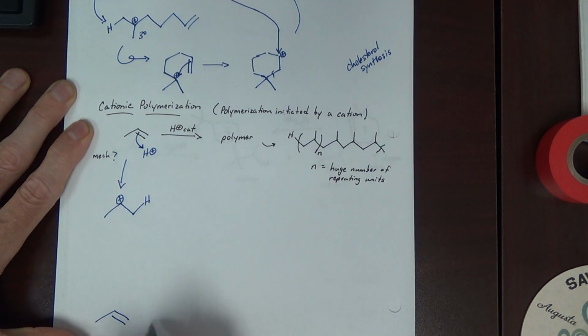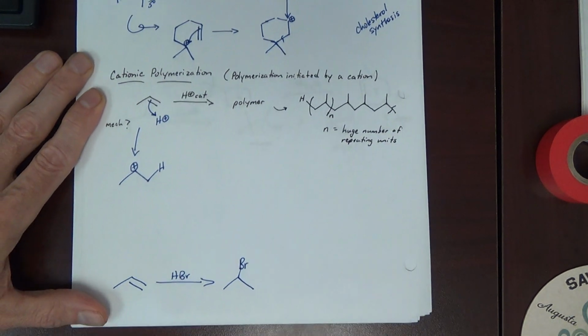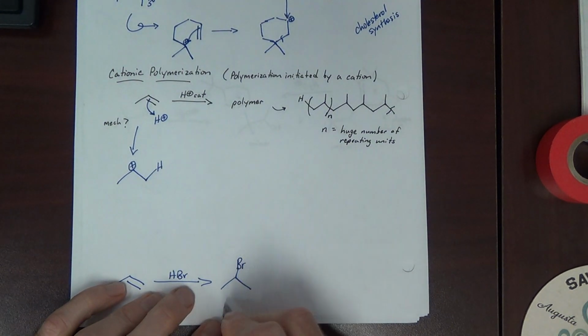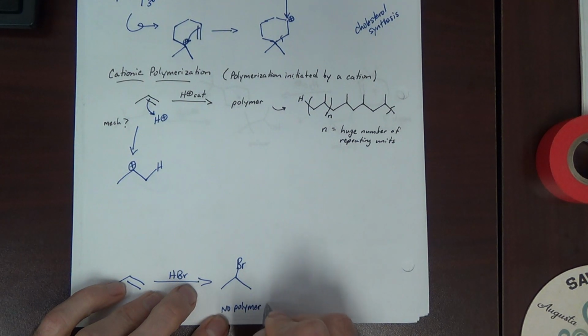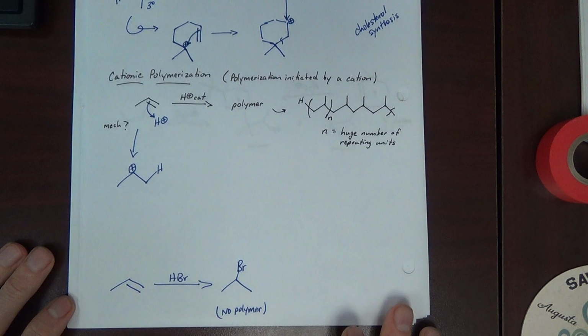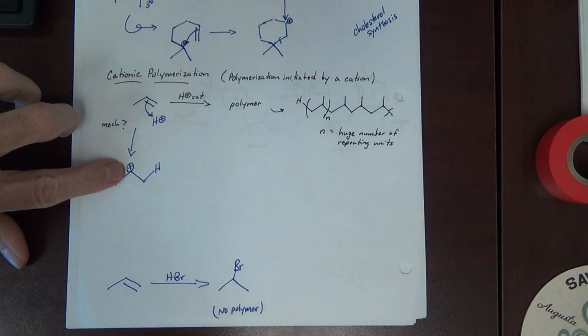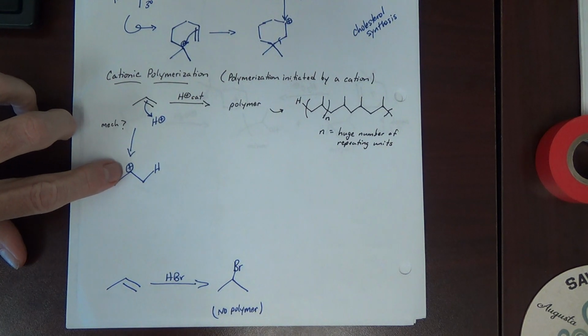If you just took this with HBr, you would expect that product, and you would not expect any polymer. That would just be a simple addition, because the Br minus will add to this carbocation because it's a good nucleophile.